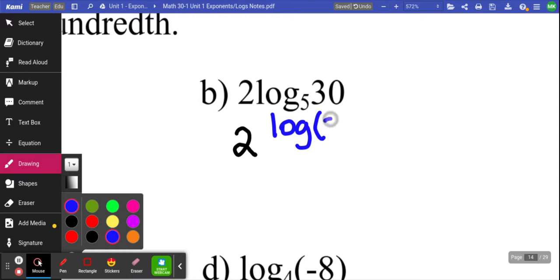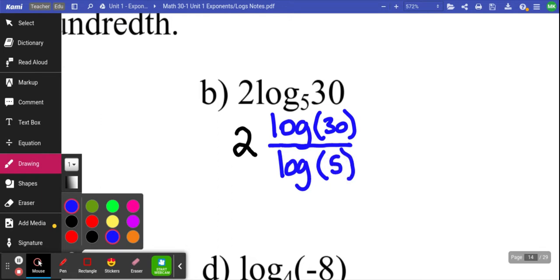So log 30 divided by log 5. That 2 is not a part of the log at this point. So you could put that into your calculator, 2 times log 30 divided by log 5, and the answer is 4.22. It's actually 4.23 after you round it.